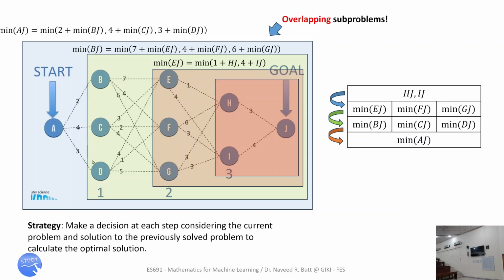सारे HJ, IJ आपको पता है क्या values हैं, 3, 4, right? Then find minimum of EJ, minimum of FJ, minimum of GJ using these two values. एक एक दफ़ा calculate कर लें, ठीक है? Use those to calculate these and use those to calculate these. Now this is very nice, somewhere between brute force and greedy.